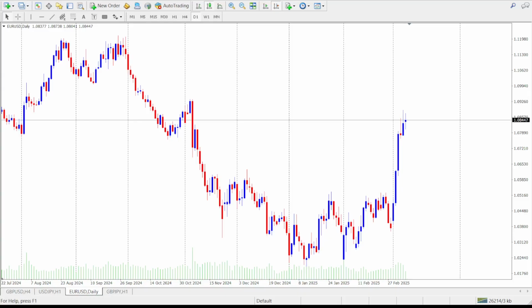Before we dive into the specifics, let us talk about what leading indicators actually are. In trading, leading indicators are tools that help forecast future price movements. Unlike lagging indicators, which confirm trends after they have happened, leading indicators give you a sneak peek into what might happen next. So this is crucial for scalping, where timing is everything.